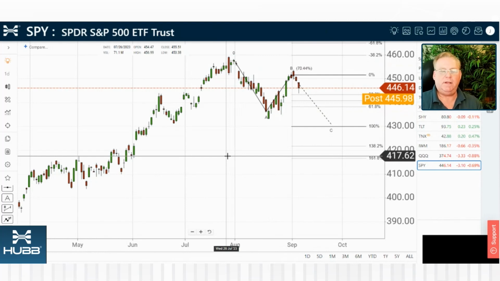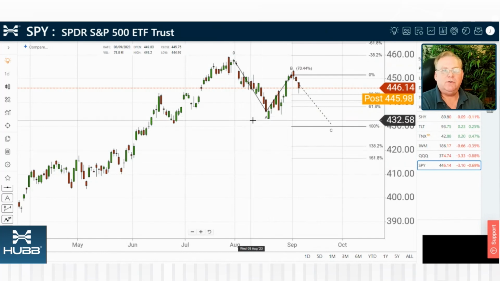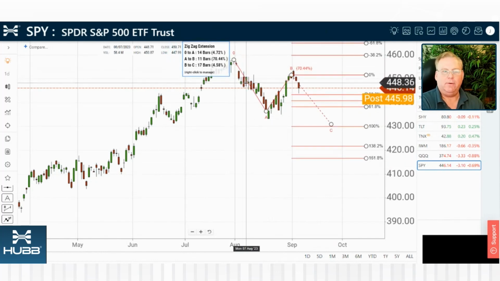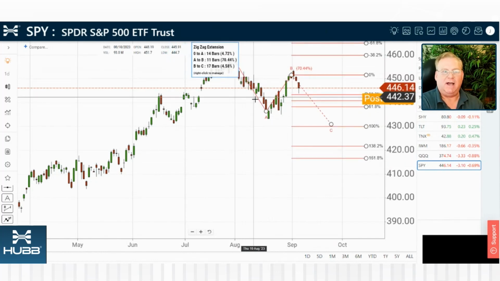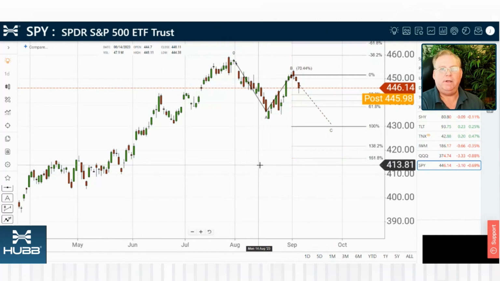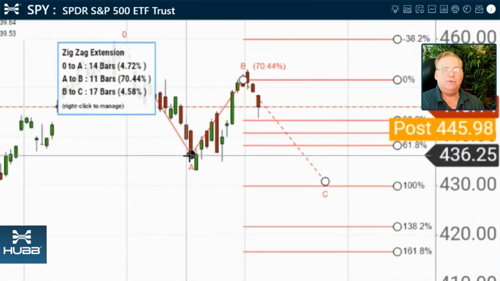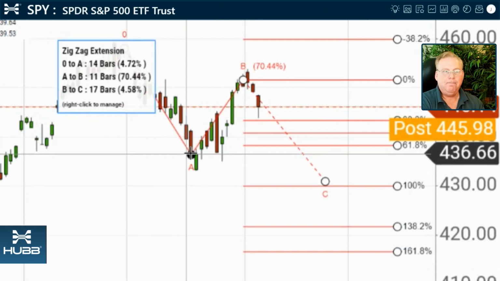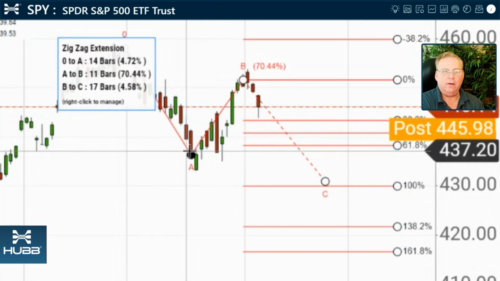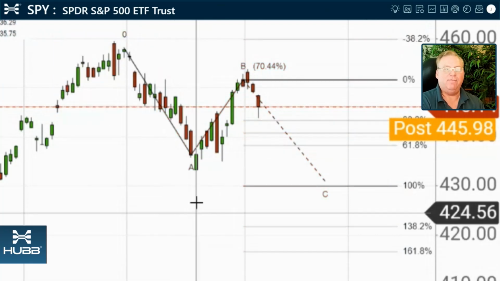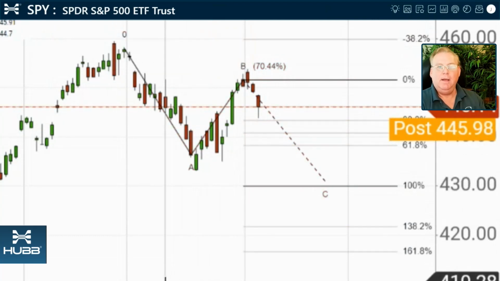And interestingly enough, when we started this initial move down back in early August, I had a near term target of 430 on the Spider Index Trust. We got down to 434, right around here, not quite hitting my target before we rallied back up.